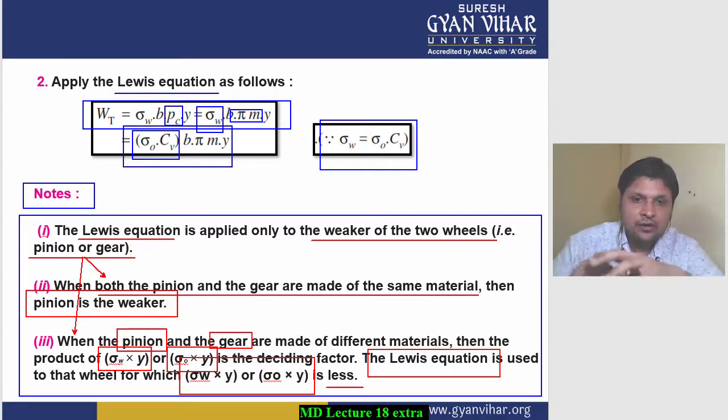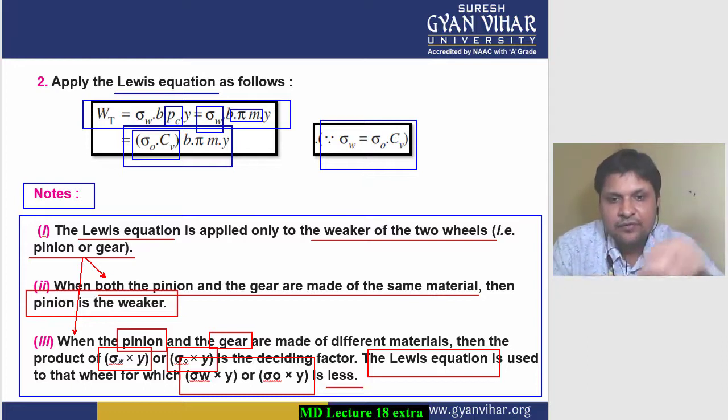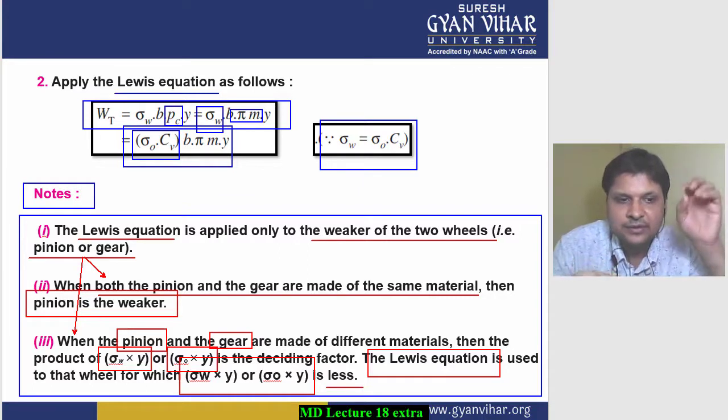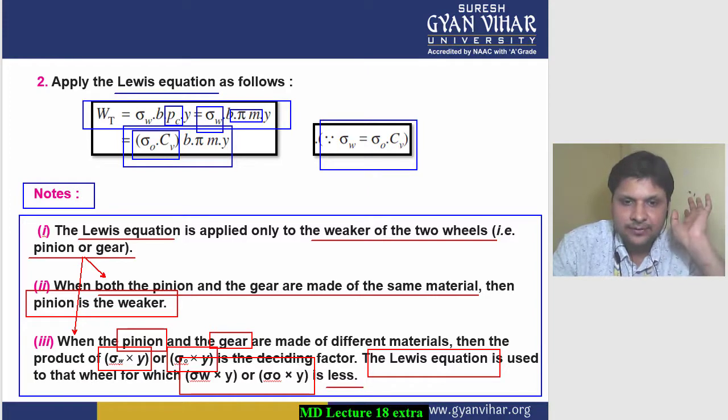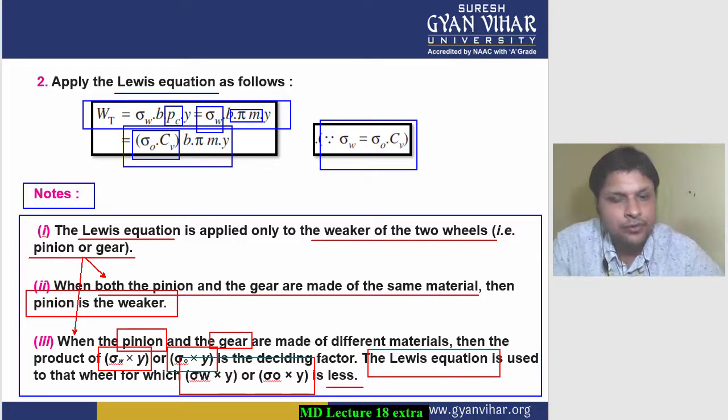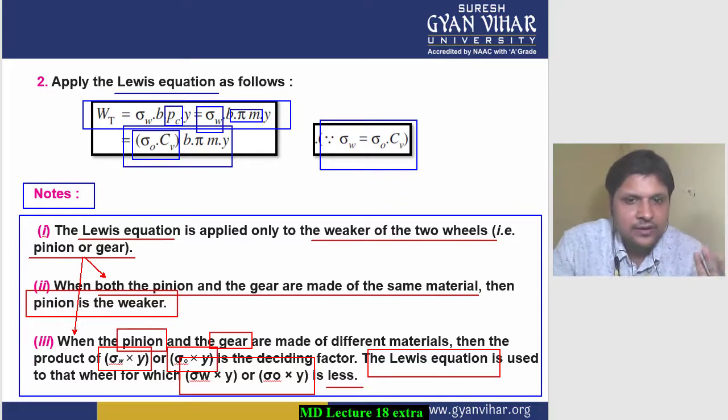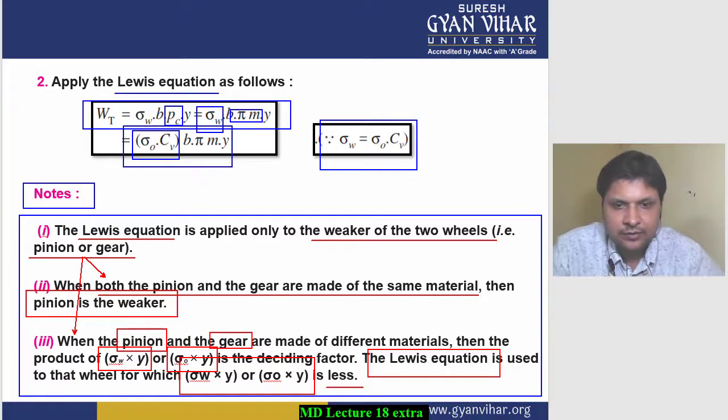Now if the material used for manufacturing the pinion and the gear is different, in that case we will calculate the value of sigma w into y for both the gears, the pinion as well as the gear, and whichever has the lesser value of sigma w into y will be considered as the weaker one, and the Lewis equation will be applied on that particular gear.